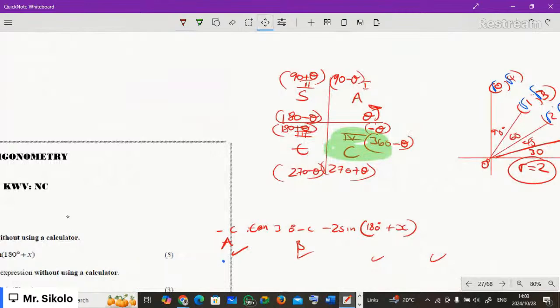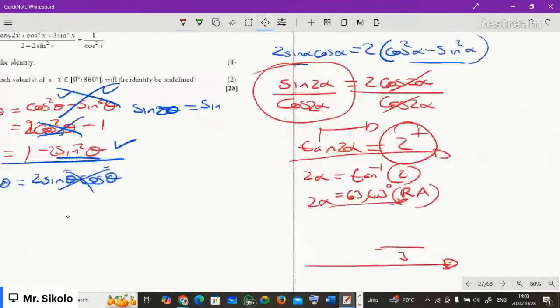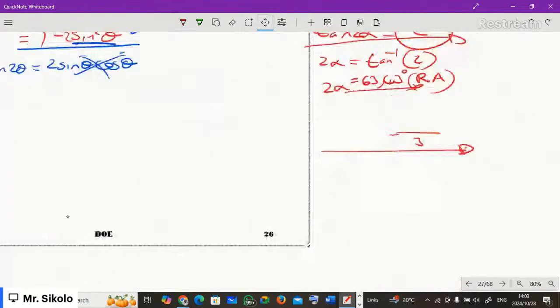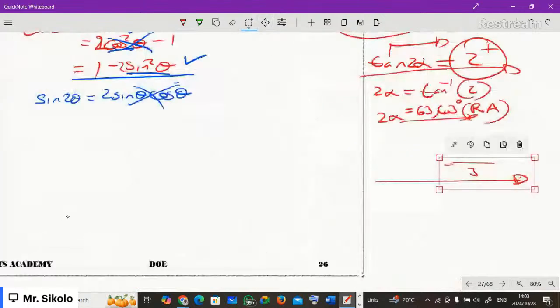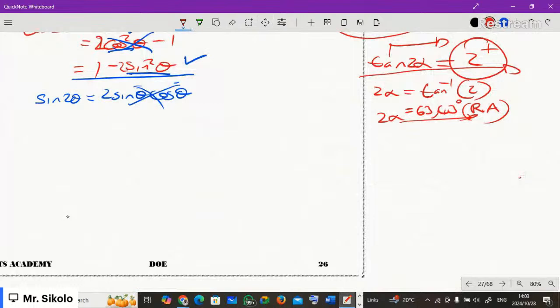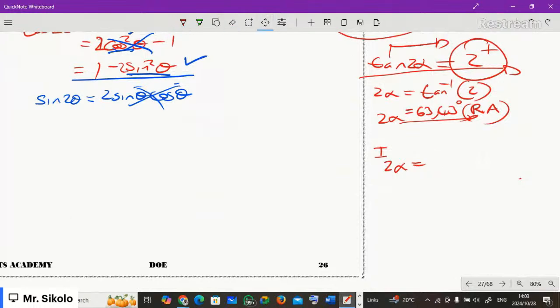So what are the reduction formulas for the first quadrant and the third quadrant? You are going to apply them to get the final solution for each general solution. I hope it makes sense. Therefore, taking the first quadrant, 2 theta will have to be equal to theta, the reduction formula here.